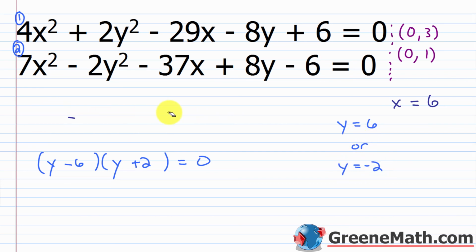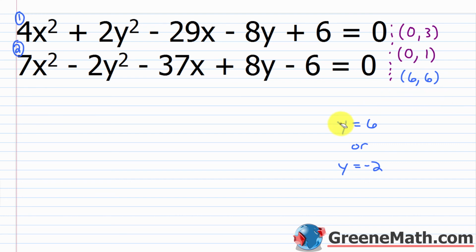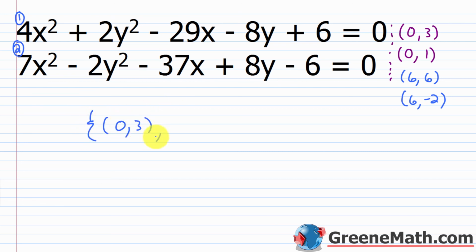All right, so let's erase this. And so our ordered pairs would be 6, 6, and then also 6, negative 2. So in solution set notation, we'll say we have 0, 3 as a solution, 0, 1 as a solution, 6, 6 as a solution, and 6, negative 2 as a solution.